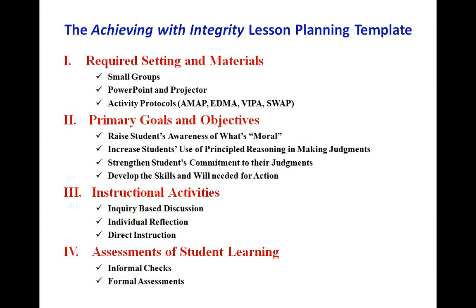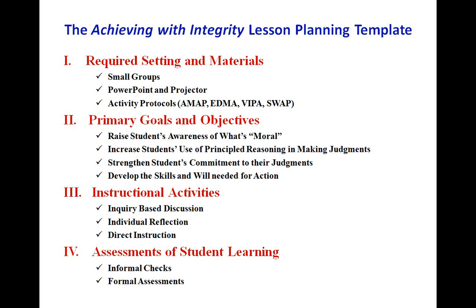If you look across the 4 templates that we've shared with you, the required setting and materials is always the same. The setting is getting kids into a situation where they can easily meet in small groups to discuss, because all of the activity protocols have a small group discussion component. But of course, there is going to be whole group learning and discussion as well. So you want it set up so they can orient themselves to you when you're presenting material.